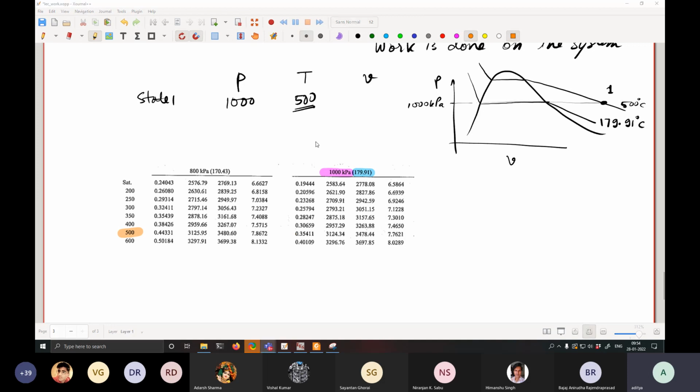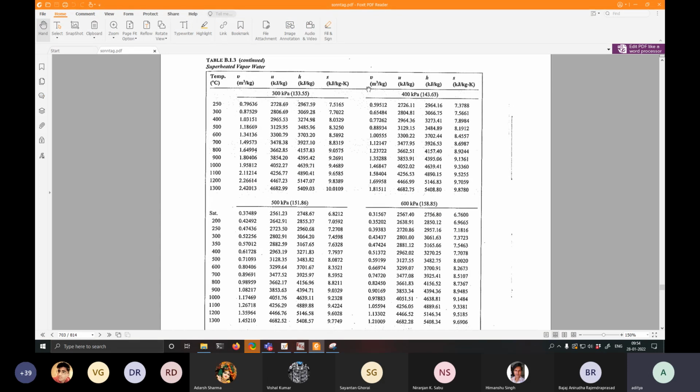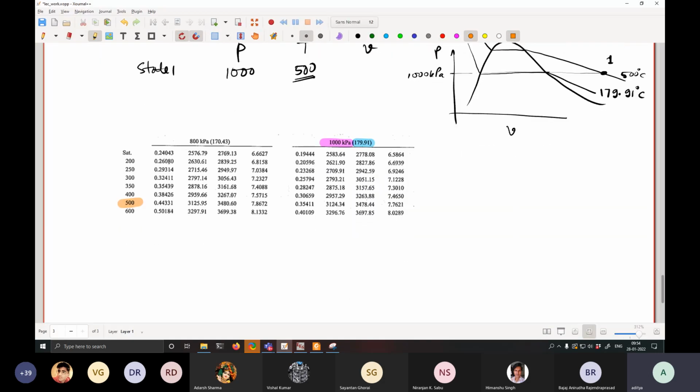Which entry is which? The first entry is the specific volume entry. So the specific volume is this. So we will happily write down 0.35411. State 2 is at same pressure.